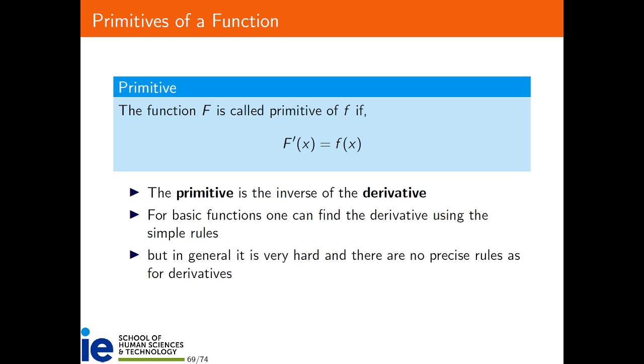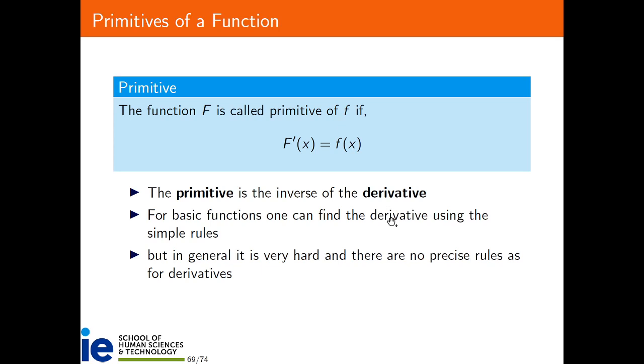So computing the primitive is somehow the inverse process of computing a derivative, okay? So when I compute the derivative, I have a function and I go to its derivative. When I compute the primitive, I find the function such that if I compute the derivative of that function, I find my original function small f. So we will see that there are some basic functions where we are actually able to find the primitive, I apologize for this typo.